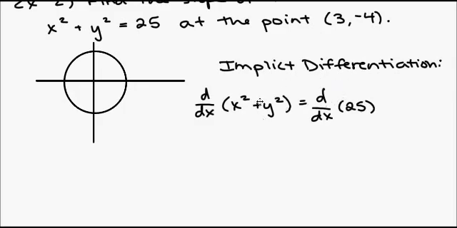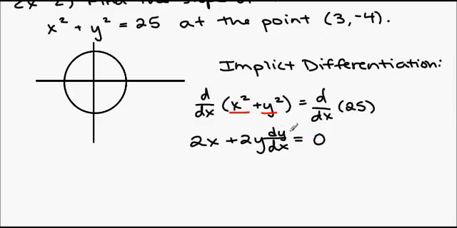And we're going to find the derivative of each term in the parentheses. So that's 2x plus 2y dy/dx. We're not writing the dx/dx because remember that's just going to cancel, but do include the dy/dx. Equals the derivative of 25, which is 0.